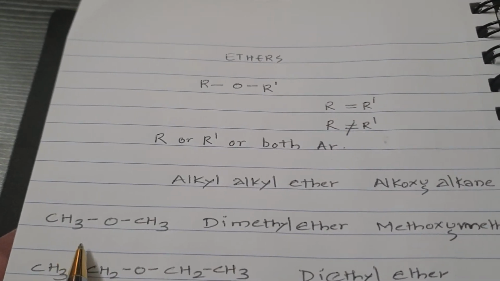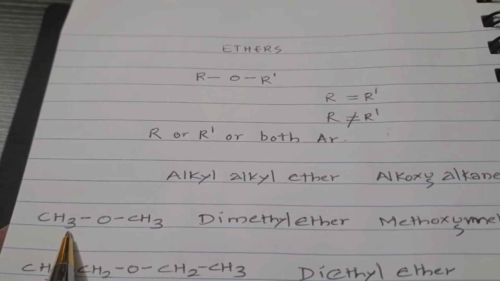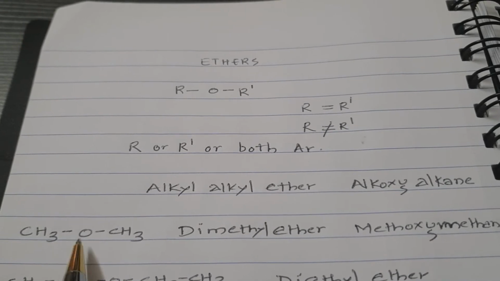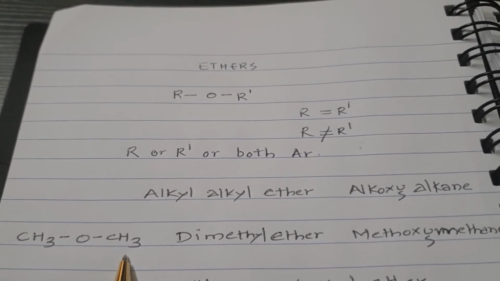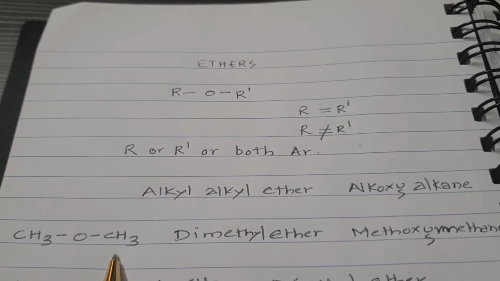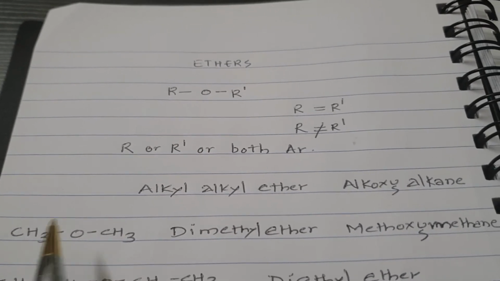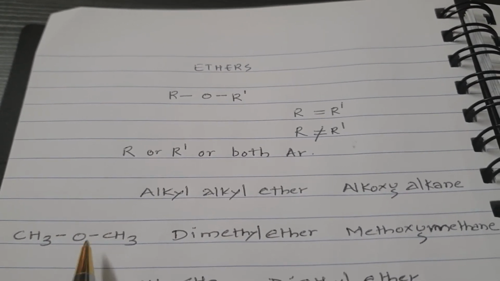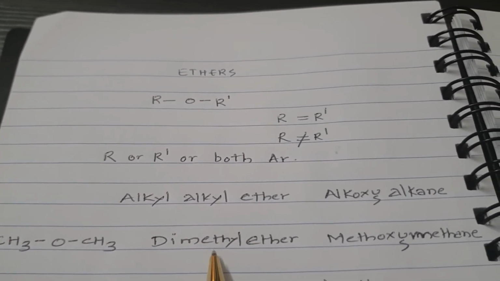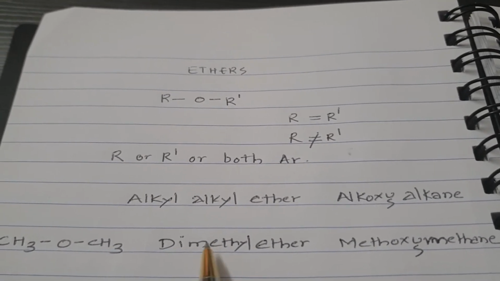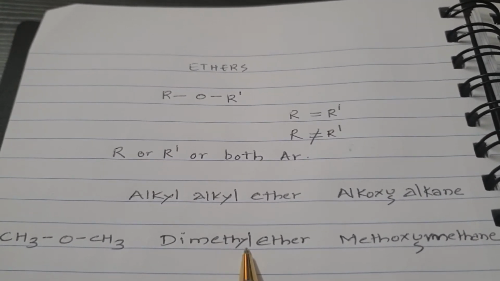I am taking a very simple example over here, and that is CH3OCH3. The two groups are same. We are going to name this one as methyl methyl ether. But since the two groups are same, it can also be named as dimethyl ether.